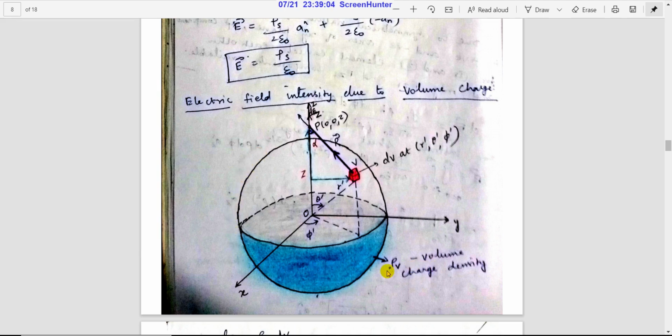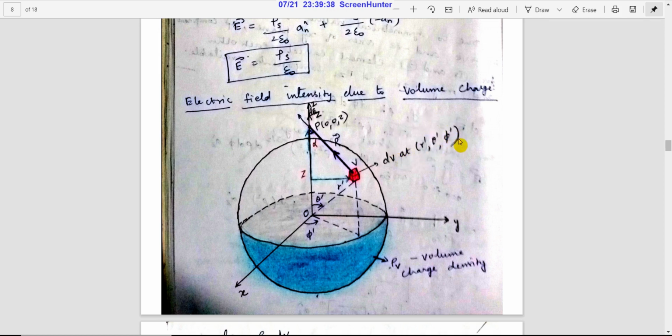volume charge density as charge density of rho v. In this volume charge density, we are going to find out the electric field intensity due to this volume charge density on the point called P. That point is going to be taken as the differential volume of dV at r dash, theta dash, phi dash.